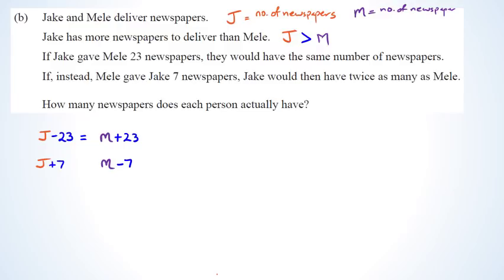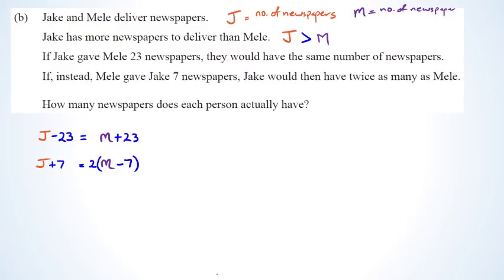Jake would then have twice as many as Melee's. All right, now that's pretty much how you come up with the equations, guys. Unfortunately, I have no other way of explaining it. It's just interpreting the language and actually writing what you think it is. And when you work out the answers, it should work out. If it doesn't, I'd usually go back and fiddle around with my equations again. But anyway, we've got our 2 equations.